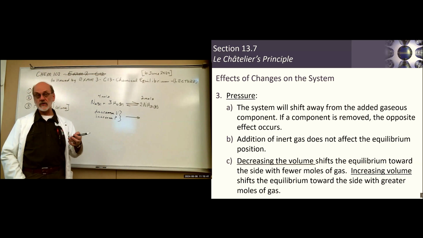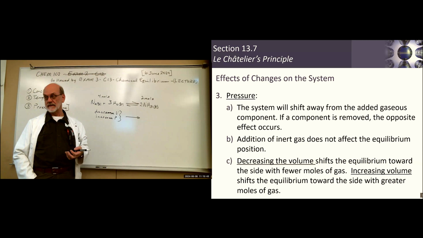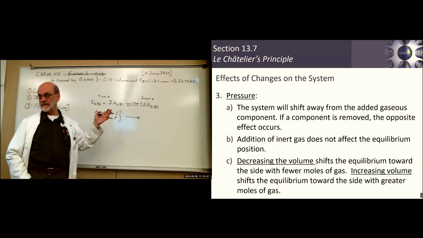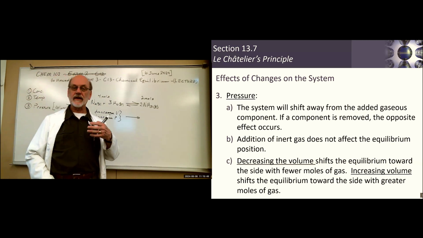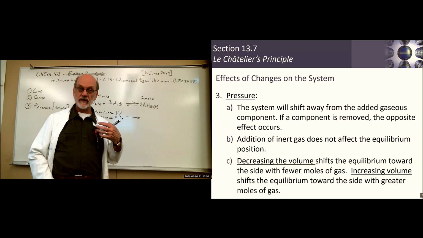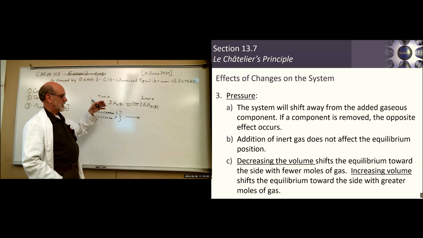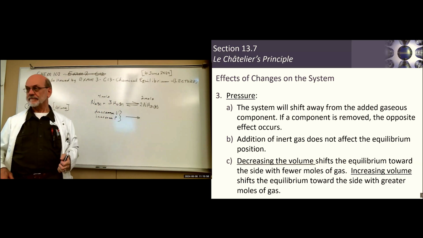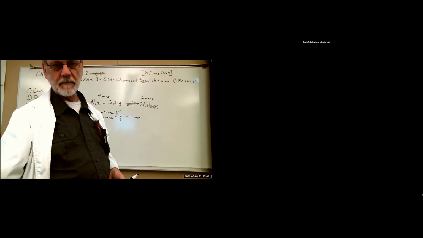You'll have more impacts, but you won't have impacts with reactants. So adding an inert gas is effectively, for any equation, the same as if the equation had equal moles on both sides. All right.